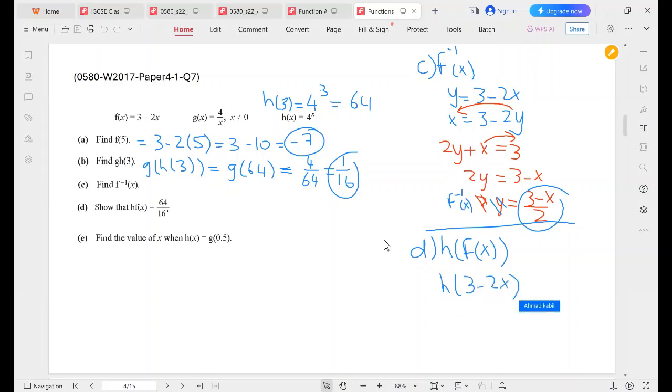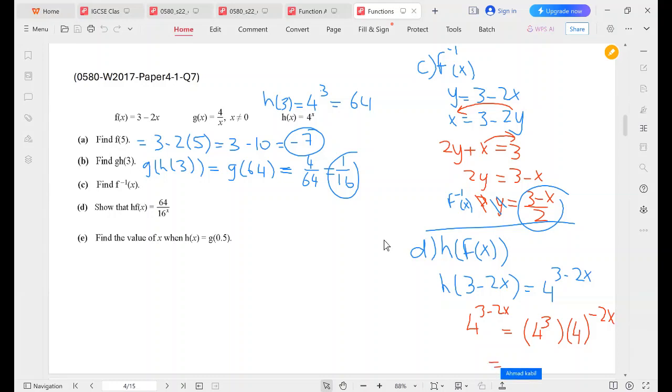We plug 3 minus 2x into h of x. So it becomes 4 power (3 minus 2x). We want to simplify this in order to obtain the expression that they want. So 4 power (3 minus 2x) is the same as 4 power 3 times 4 power negative 2x.